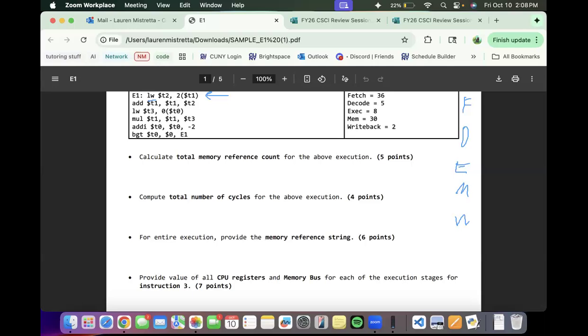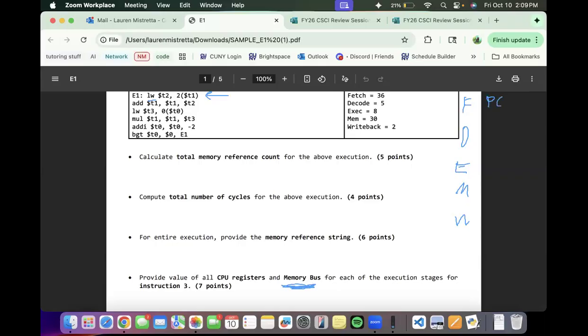CPU registers are just my T1 and my T2. My memory bus is telling me the address in which I am going to. So when I fetch this instruction for the first time, the memory bus is going to have the program counter's value.